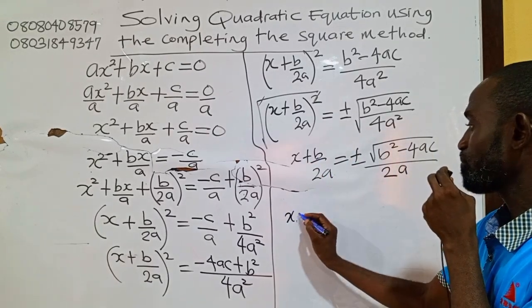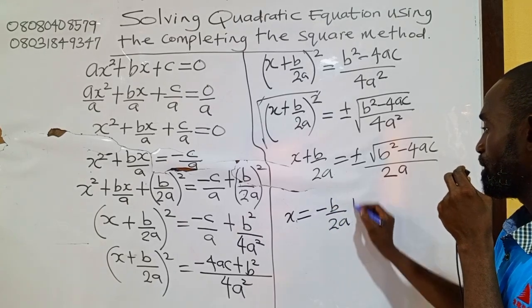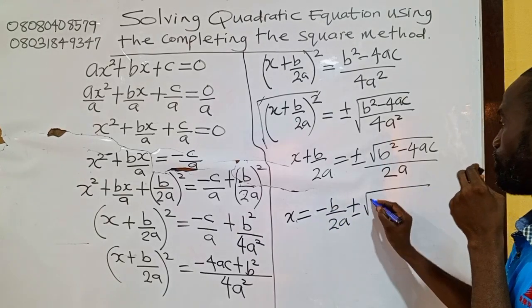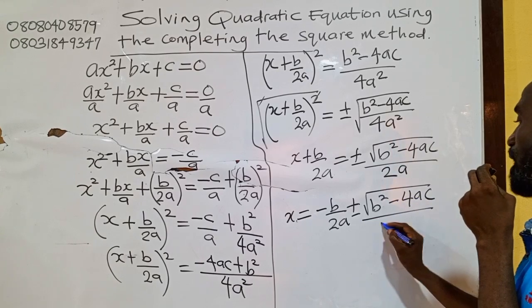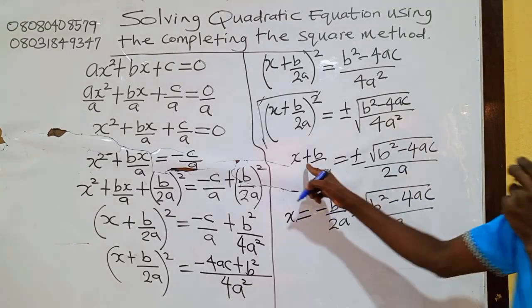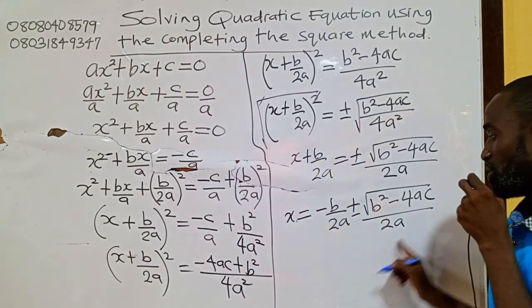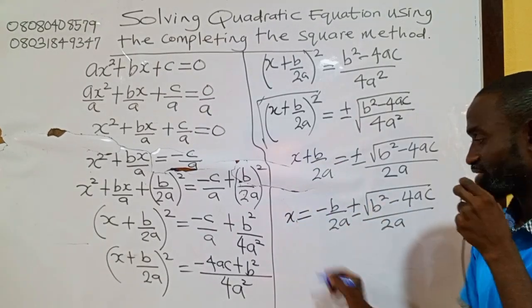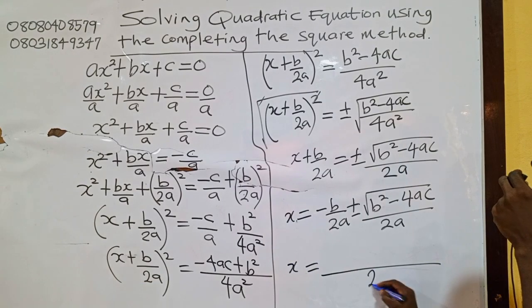Now we are having x equals minus b all over 2a plus or minus root of b squared minus 4ac all over 2a. But this one is plus here. When it crosses this side, it becomes minus b over 2a. You can find the LCM. So our x equals, what's the LCM? 2a.